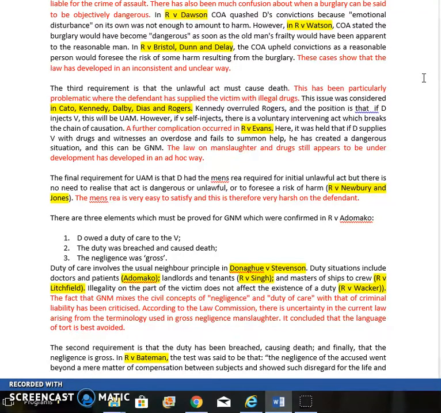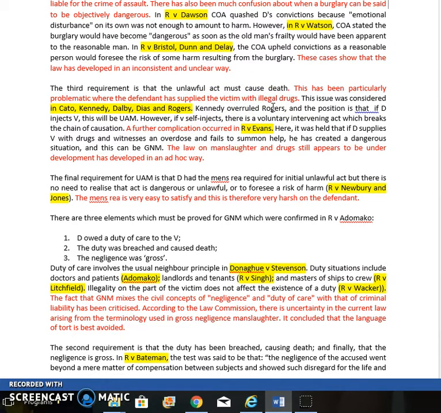But complications have crept in where the victim has injected themselves. So we've got cases here, Cato, Kennedy, Dolby, Diaz, Rogers, all of them talking about the law on this area. And the fact there are so many cases illustrates how complicated, confusing this area is. Kennedy overruled Rogers.